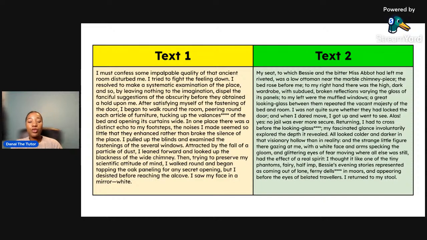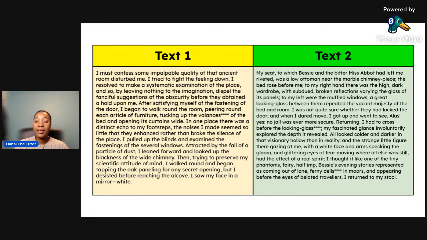If text two comes across as oppressed, especially because she was put there, how does the narrator in text one come across in comparison?